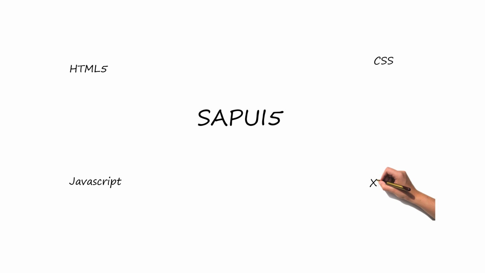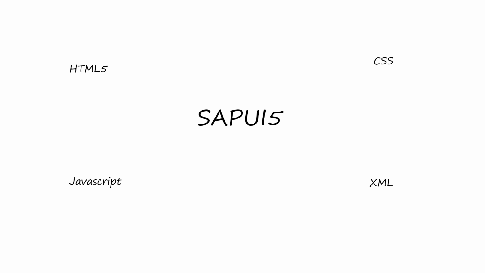Next, what do you need for SAPUI5? When we start SAPUI5, you might have doubts about what is required to start. Basically, you might not be an expert, but you would need HTML5 knowledge to some extent.